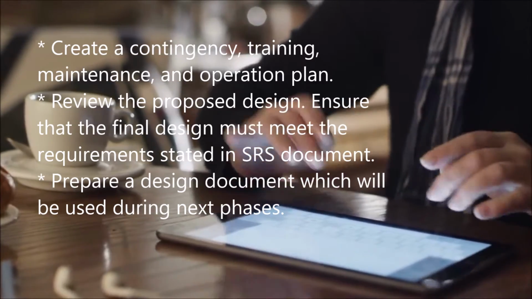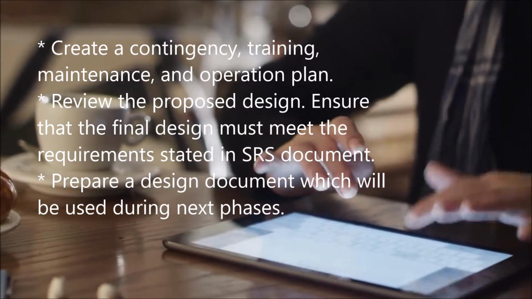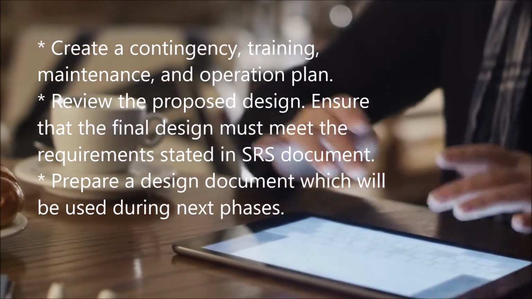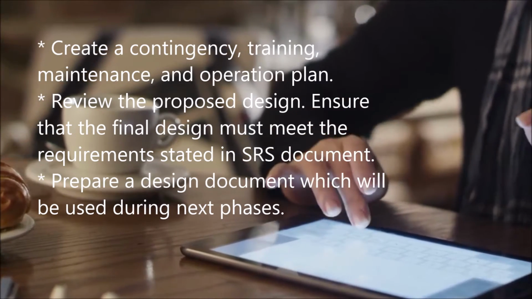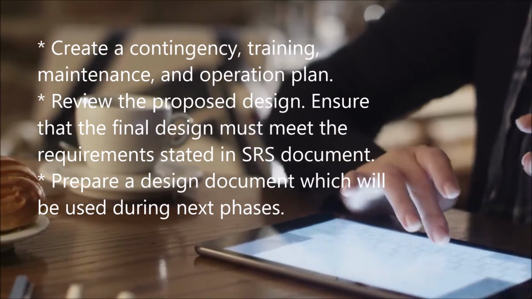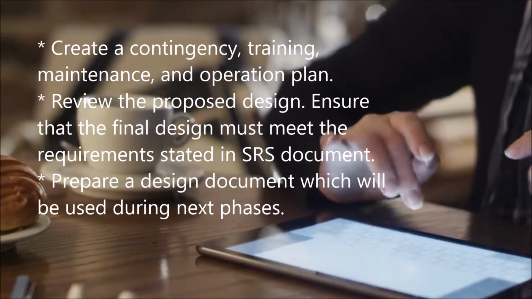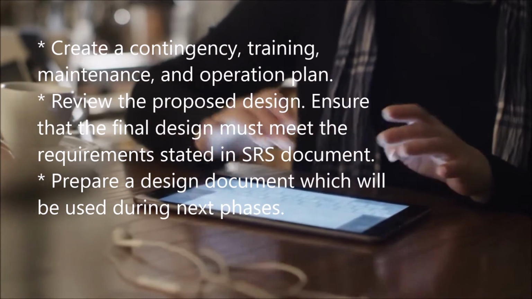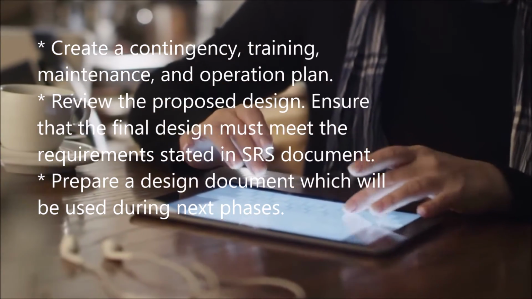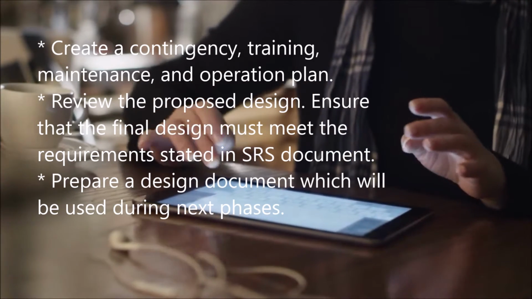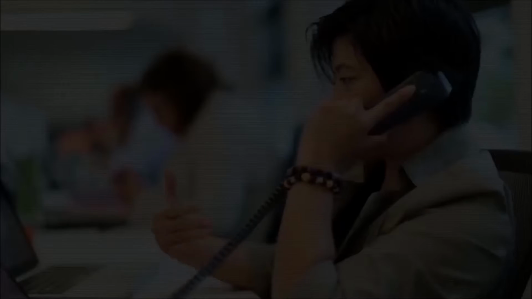Create a contingency, training, maintenance, and operation plan. Review the proposed design. Ensure that the final design meets the requirements stated in the SRS document. Finally, prepare a design document which will be used during the next phases.